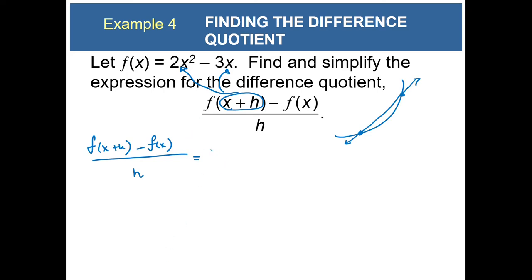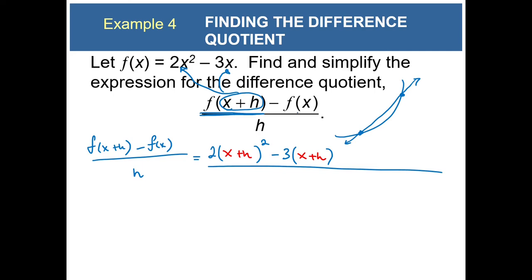This gives us 2 times, we'll plug in x plus h squared, minus 3 times, again we'll plug in x plus h. So the first part that we have done is just the f of x plus h part.